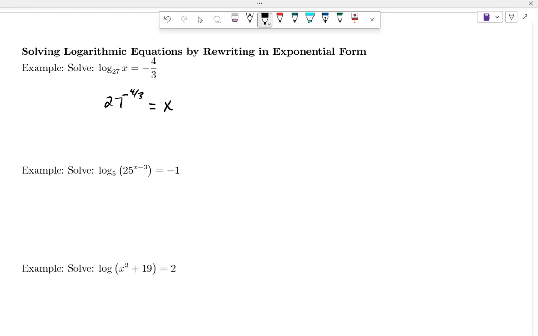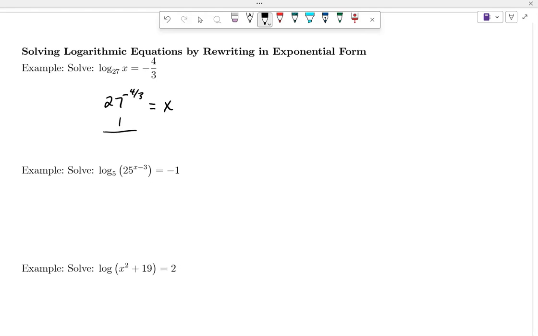Now we can simplify this a little bit. What does the negative tell you to do? Flip it, right? What does the 3 in the denominator tell you? That's the cube root, right? So let's rewrite it that way to start with.